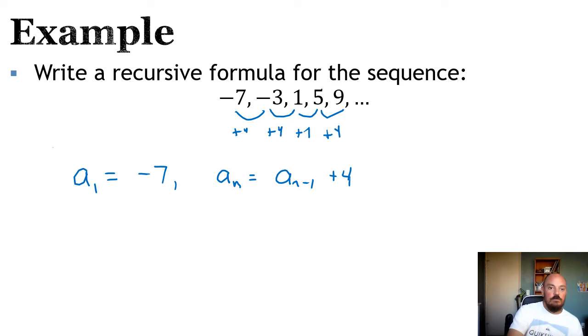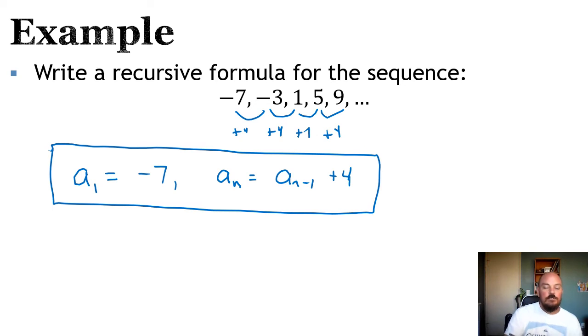And that's my answer. That's my recursive formula right there. So in some ways, it's a lot easier to do recursive formulas than explicit formulas. You don't have to plug numbers in and solve or anything like that. You just got to understand the notation. You got to use the notation to describe in words that to find any term, you're taking the one before it and you're adding 4.